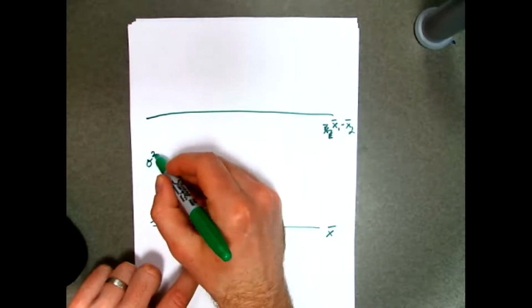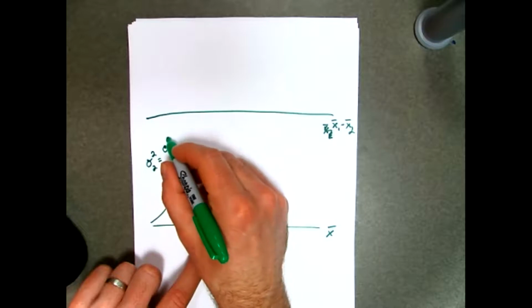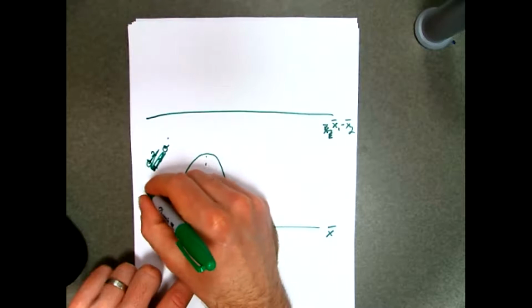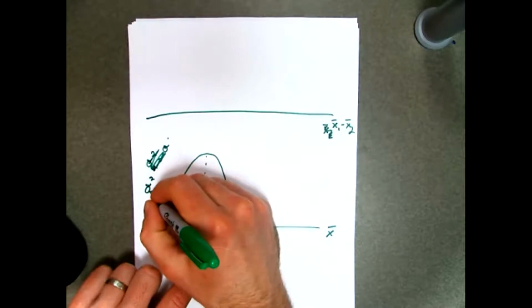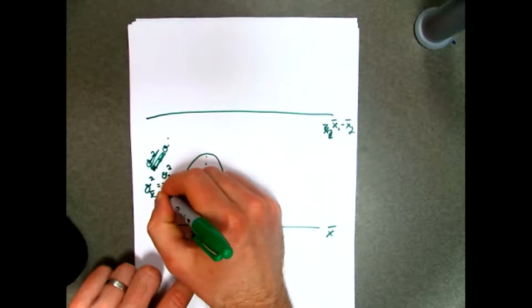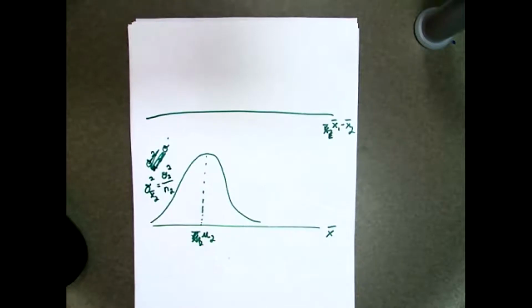And then the variance for the sample means from group 2 should be the variance of the original data we sampled from over our sample size for that group. This is just one population.